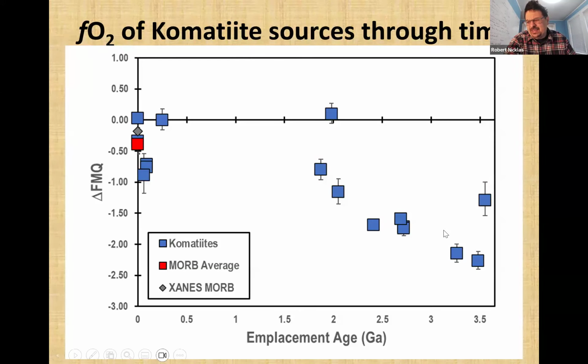It can be anywhere from 30 to 40%, but we found no correlation between the amount of olivine added and the fO2. We showed that in the komatiite paper. It can vary between anywhere from like 30 to 40%. Some of the OIBs are almost entirely lava compositions.